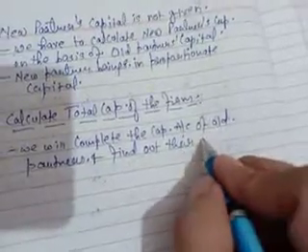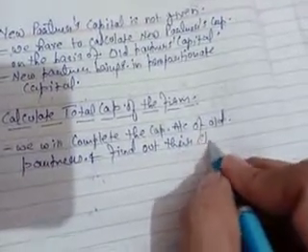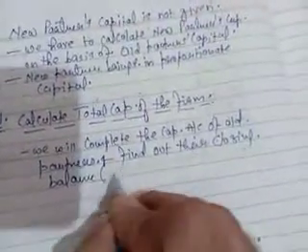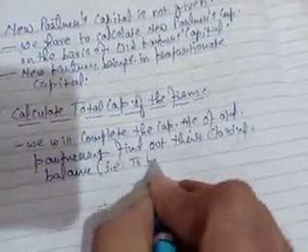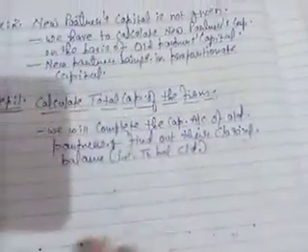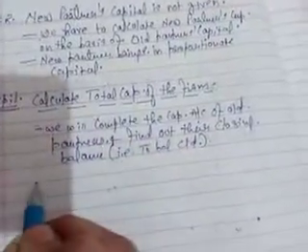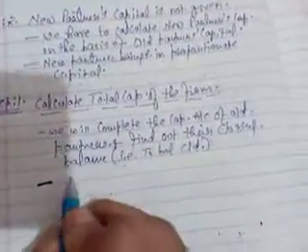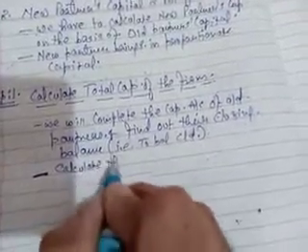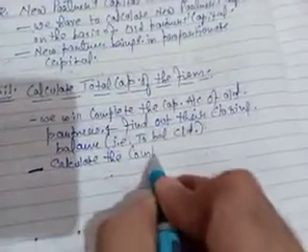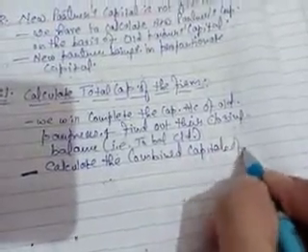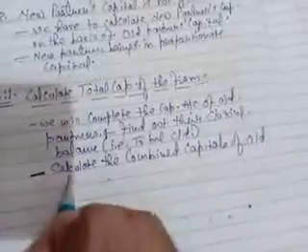their closing balance, that is the balance carried down. This is what we have to find out. Okay, now next, calculate the combined capitals of old partners.